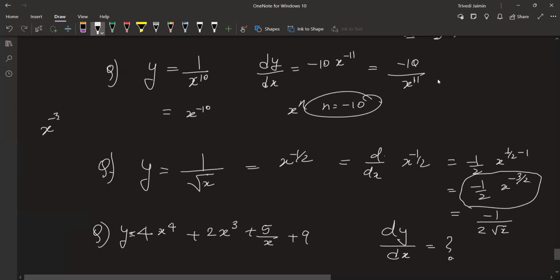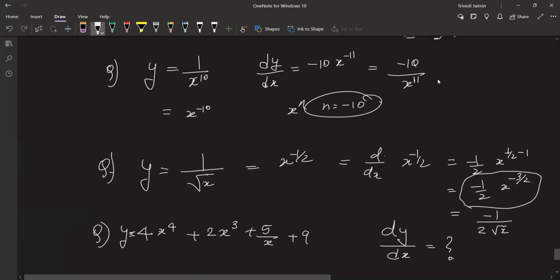X to the power minus 3 into root x, is that what you're saying? No, the root, and then just put a to the power minus 3 for the x. Oh, no, it'd just be 3, right? Because it's on the bottom. So x cubed, that's it.